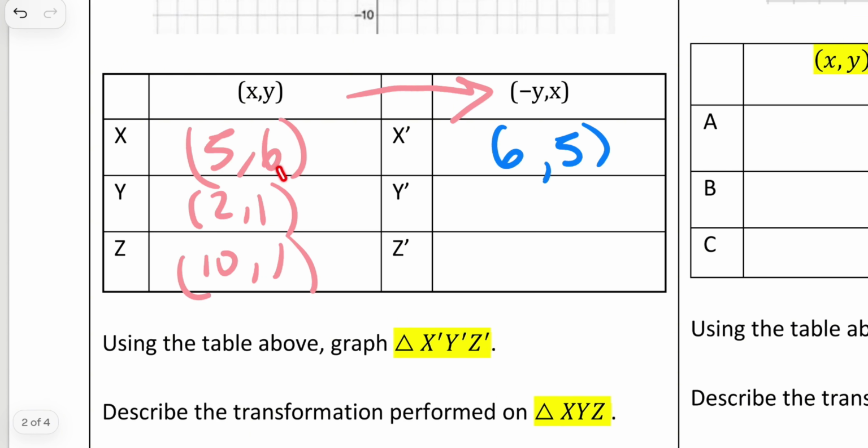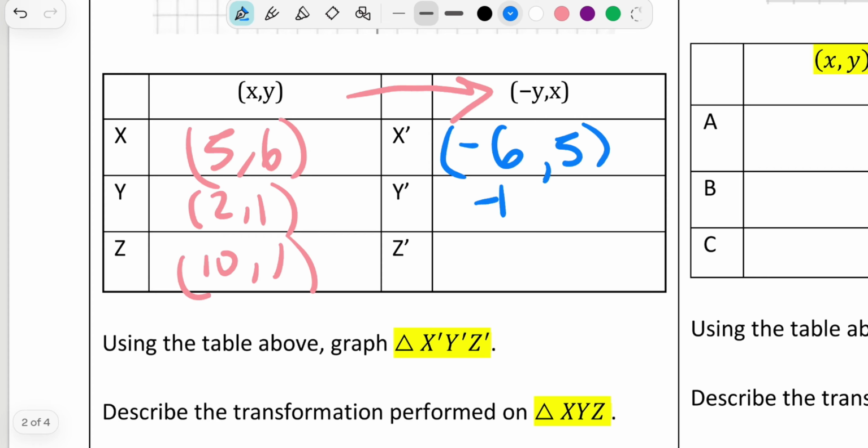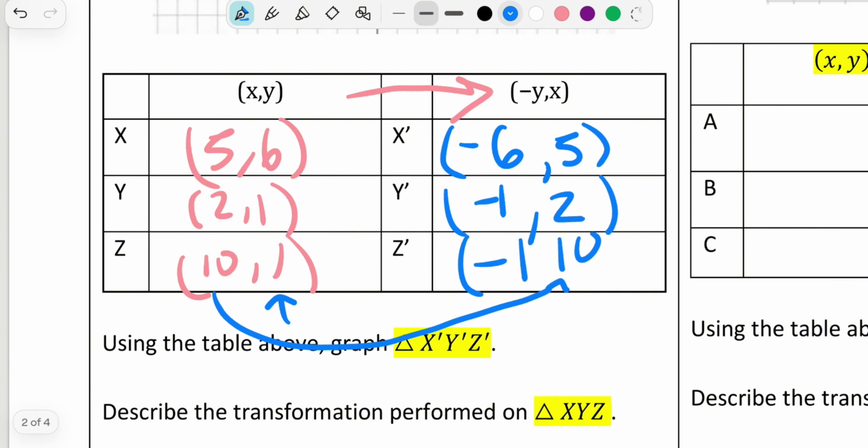Then we have to negate this and make it negative, and it becomes negative 6, 5. I'm just going to repeat that with the rest of the points. So that y value goes in front, it becomes negative, and the x value goes in place of the y. Now these are our new points.